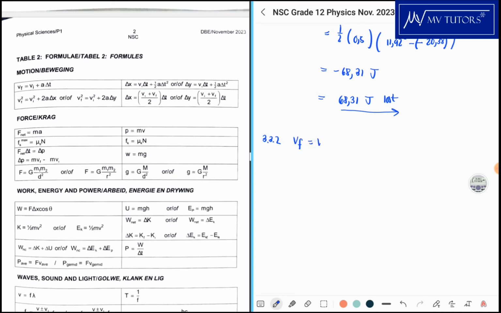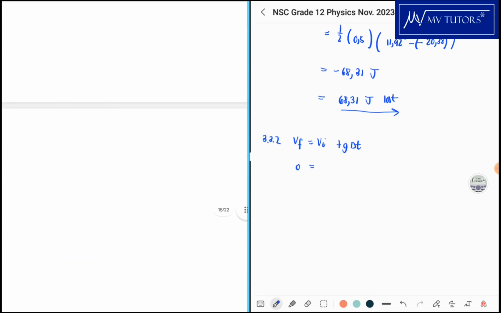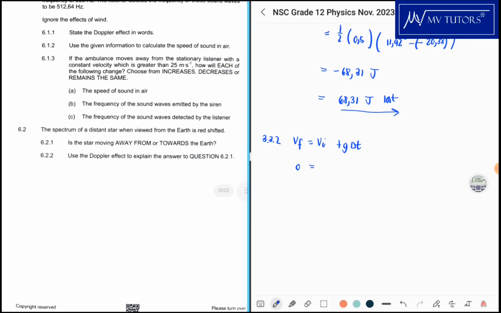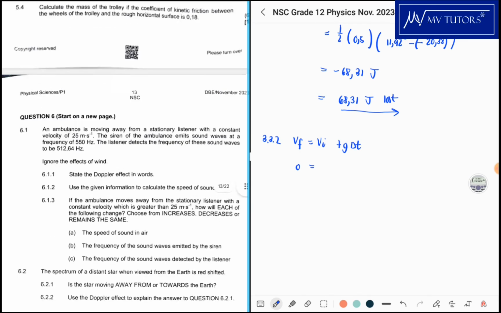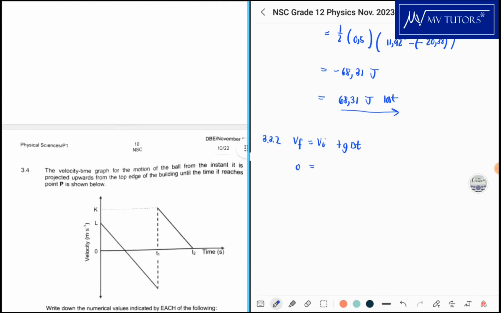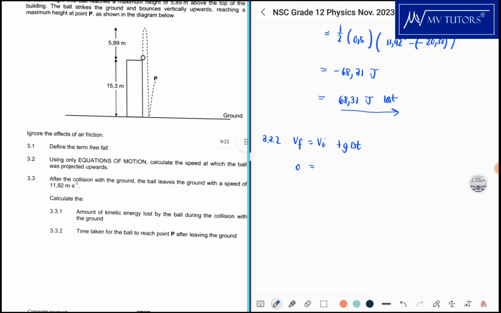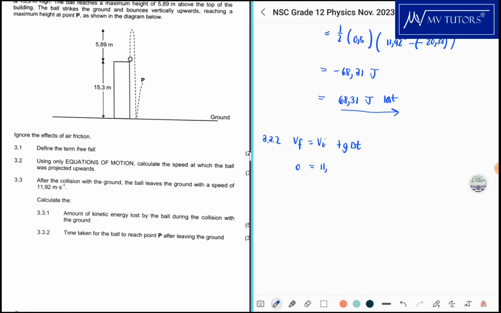So final velocity is equal to initial velocity plus gravitational acceleration multiplied by time. Our final velocity is 0. Our initial velocity is what they told us there, which is 11.92. So 0 equals 11.92 plus, remember, down is positive, 9.8 times the time, which is what we need.